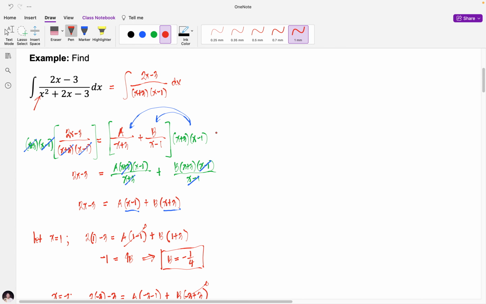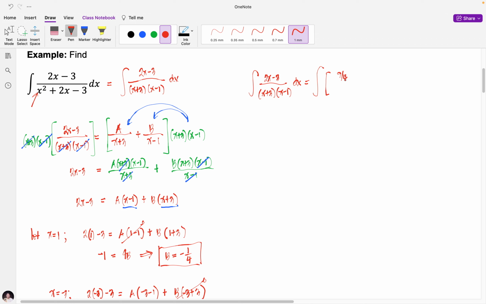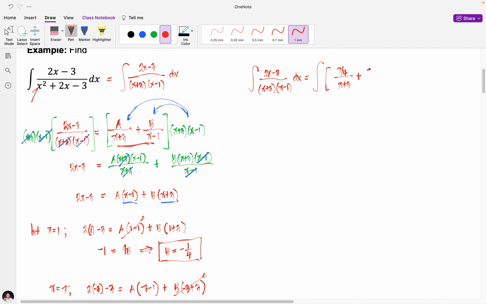Going back to our expression, the integral of 2x minus 3 all over x plus 3 times x minus 1 dx, we can decompose this and write it with A, which is 9 over 4, so 9 over 4 over x plus 3, plus B, which is negative 1/4, so negative 1/4 over x minus 1, dx.